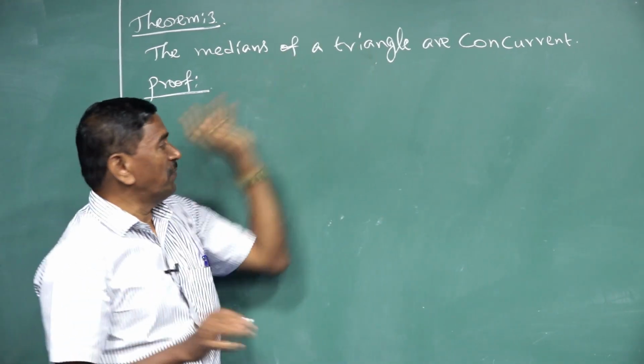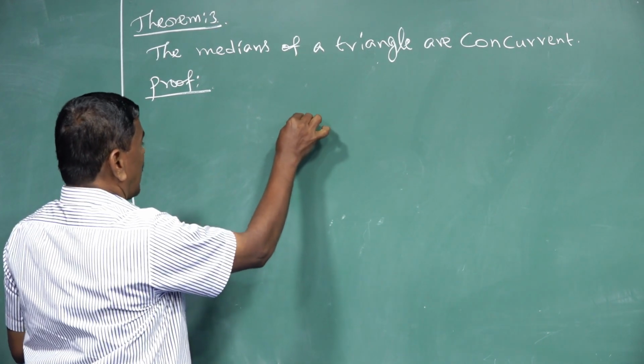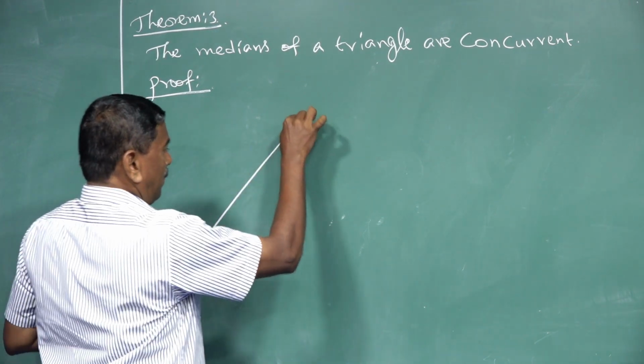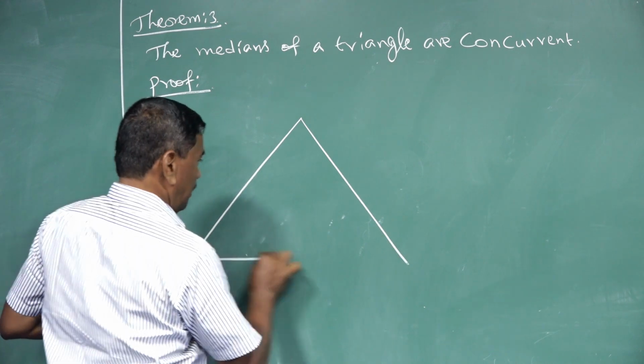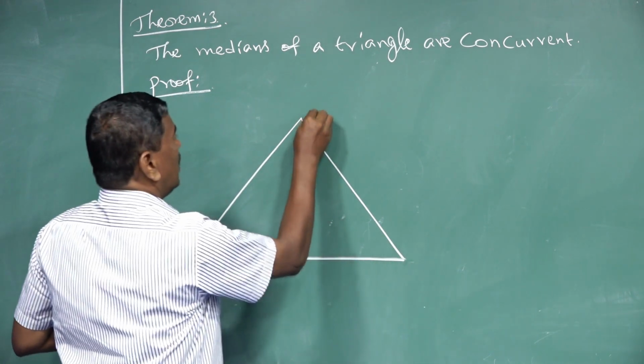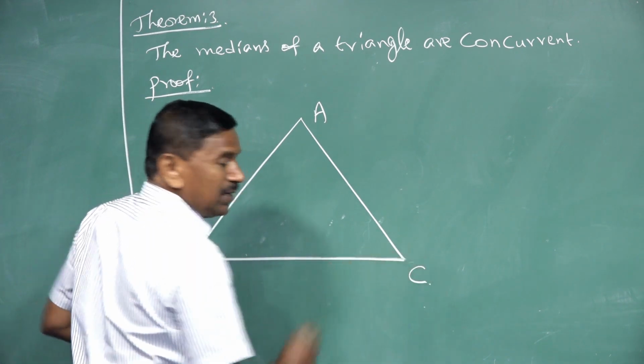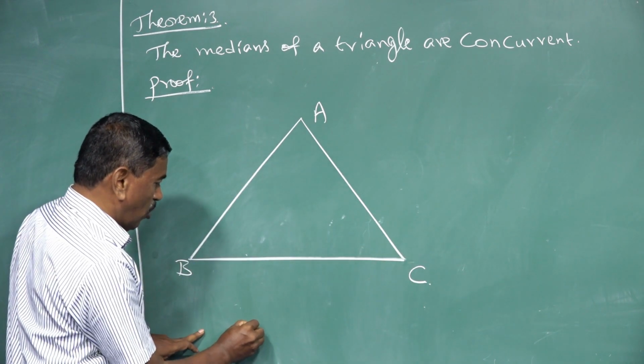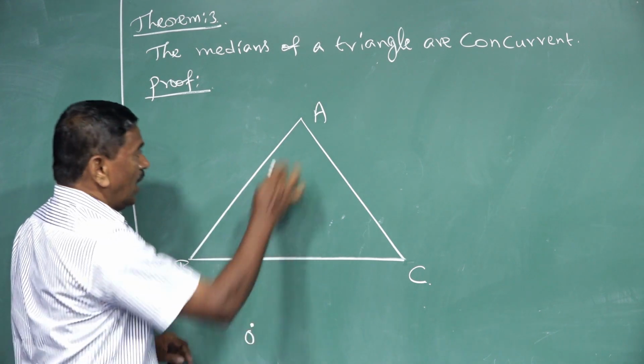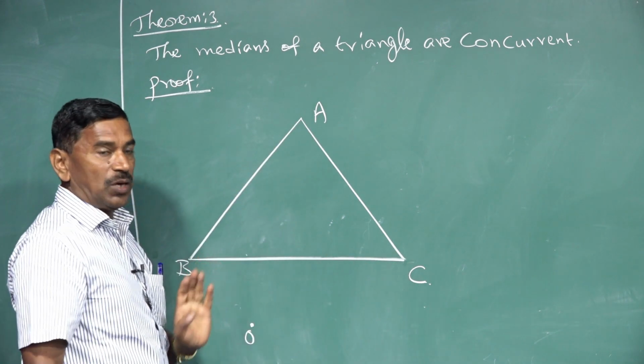Let us draw the triangle first. So, in triangle ABC, let ABC be a triangle. Let O be the origin.